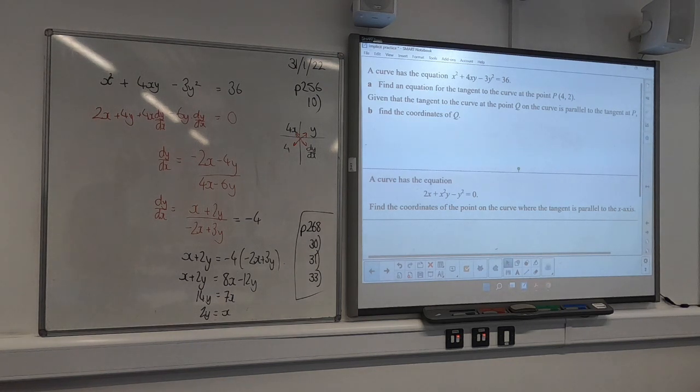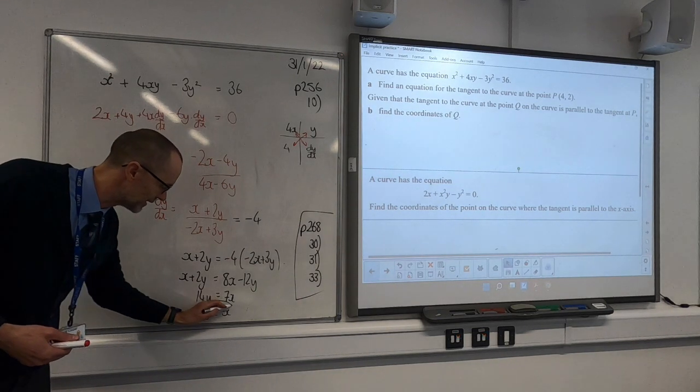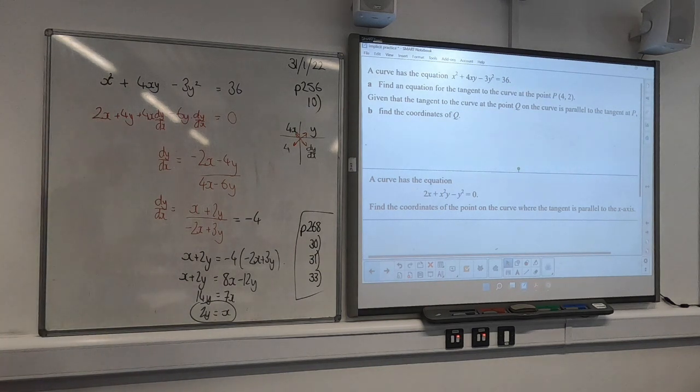Okay, so Aidan, how can I work out what the coordinate actually is? I know that x is equal to 2y. Substitute it into the equation this time. So we go right back to our first equation. That's right. Right back to that first equation.